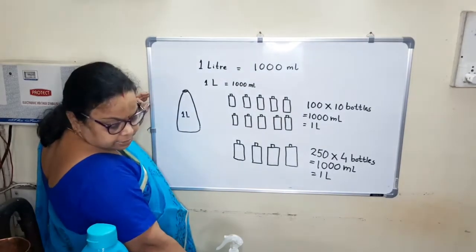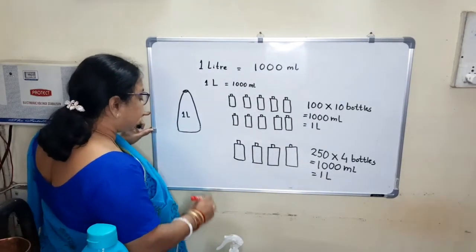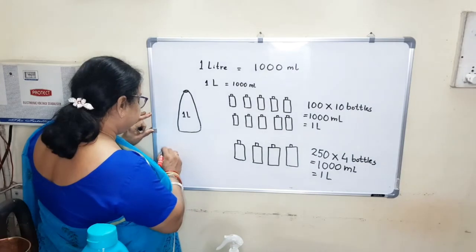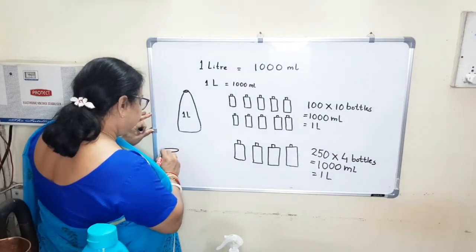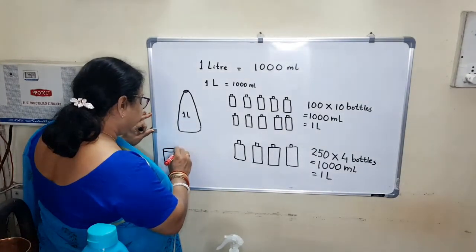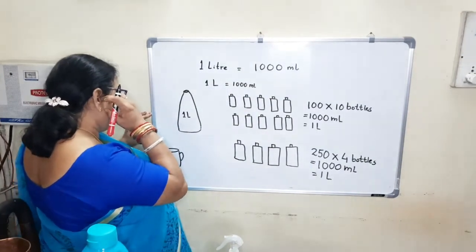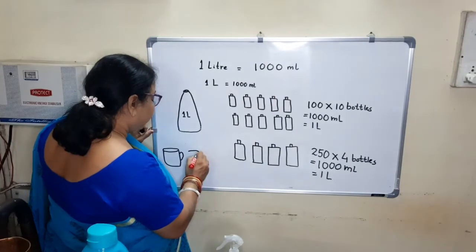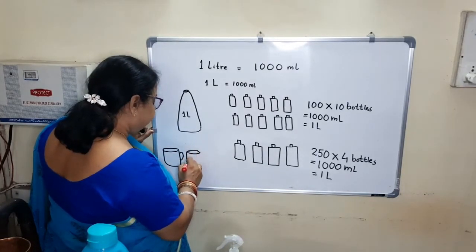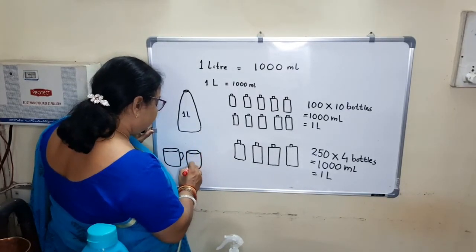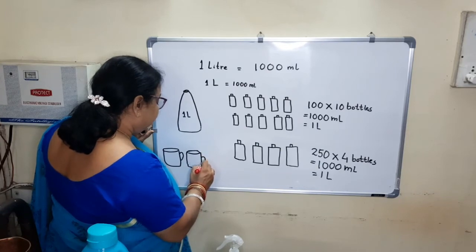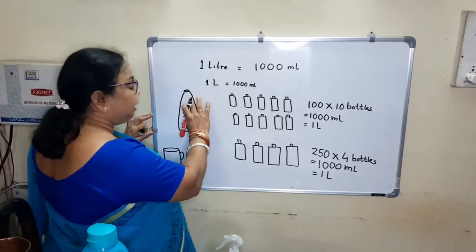Clear? Then again, another bottle: you see the 500 milliliter jug or mug. So 2 times 500 milliliter, when I add to this bottle, then it is 1 liter.